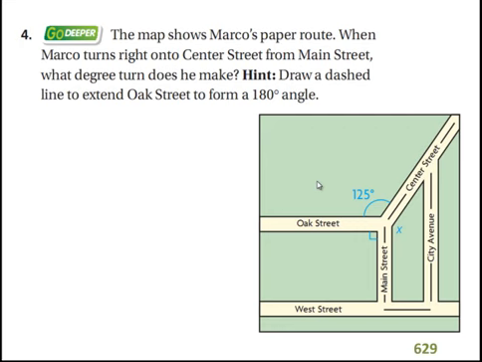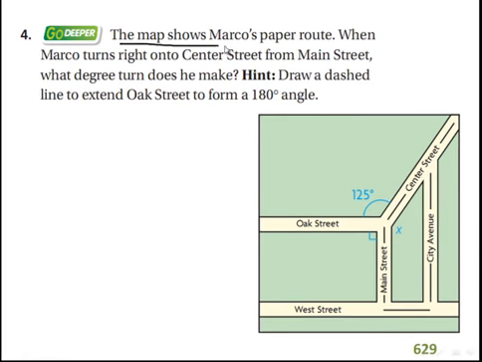Go deeper. The map shows Marco's paper route. When Marco turns right onto Center Street from Main Street, what degree turn does he make? Stop here. Look at here, this is the map.